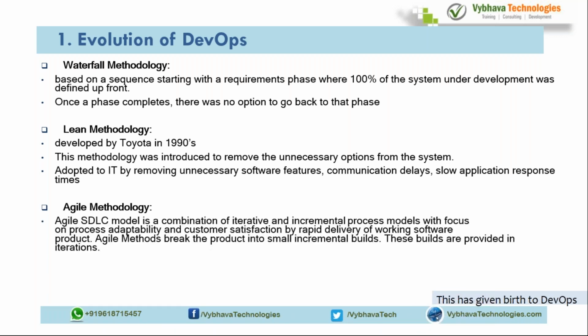The agility which you are going to get in the software development lifecycle is a combination of iterative and incremental process. So you can keep on checking for feedback. What is best we are going to get from the plan, the build process, the coding, the testing, the implementation or deployment process.